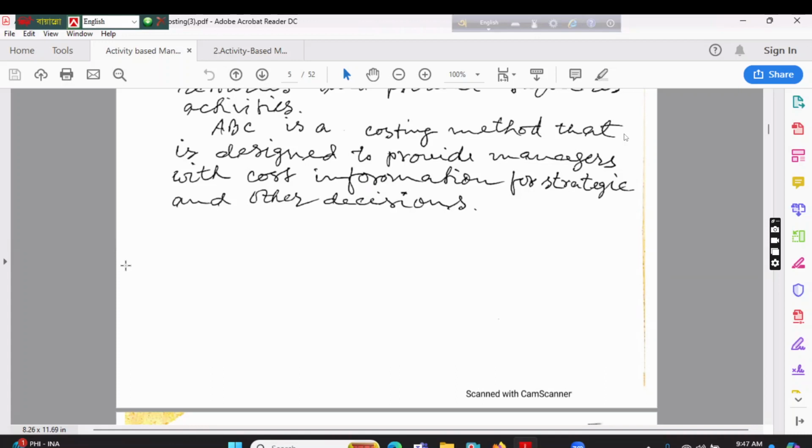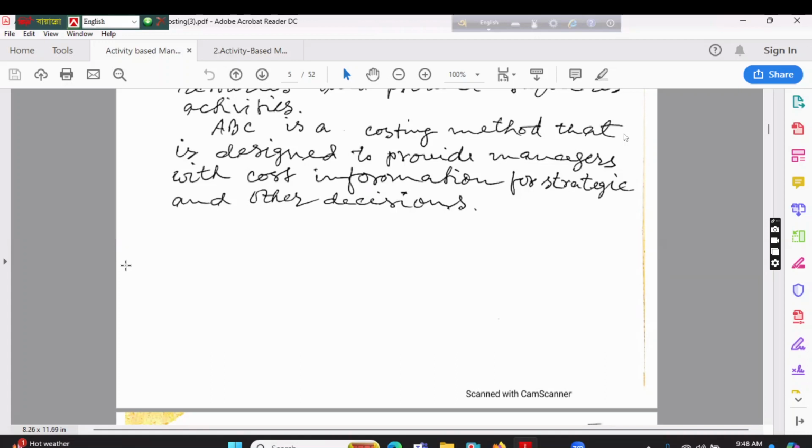An activity-based costing system first traces cost to activities, then to products.